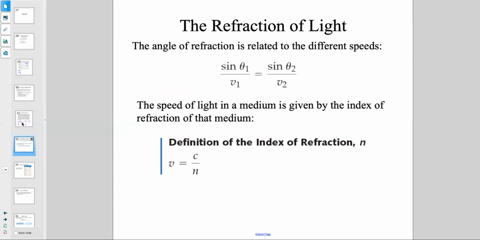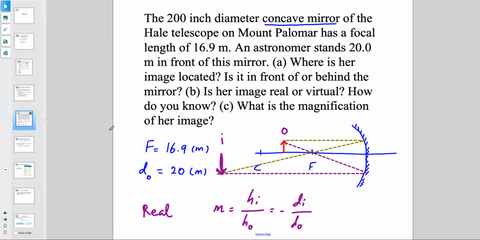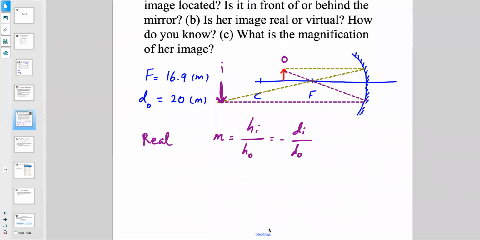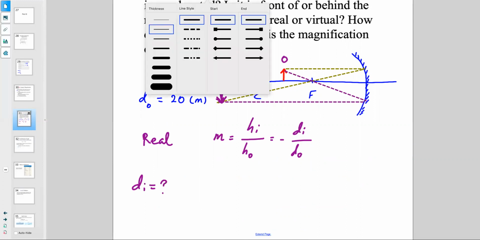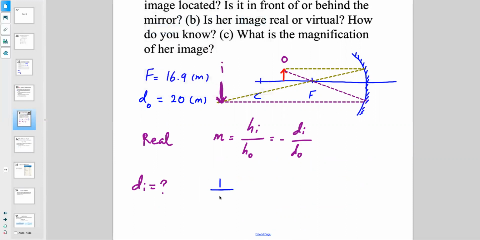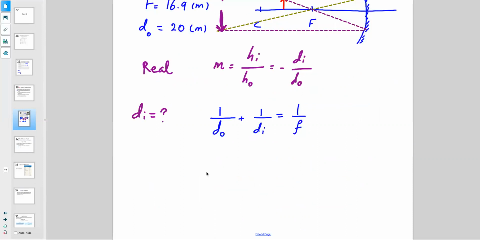So I can easily find di, because di is missing. We don't know what di is. So let's find di then. 1 over do plus 1 over di is 1 over f. So let's put some numbers here.